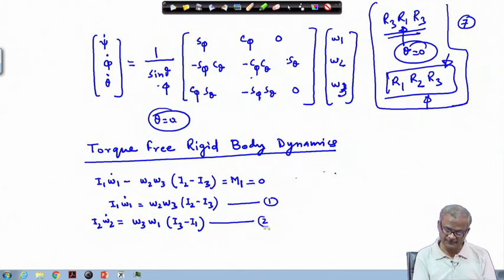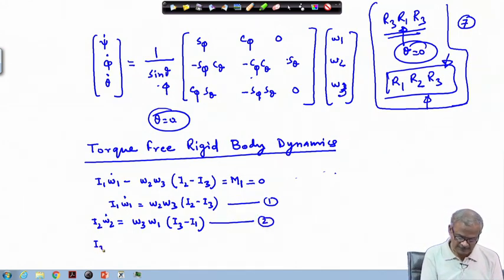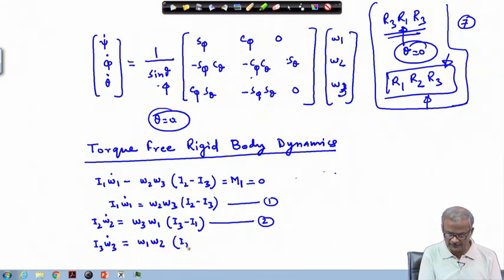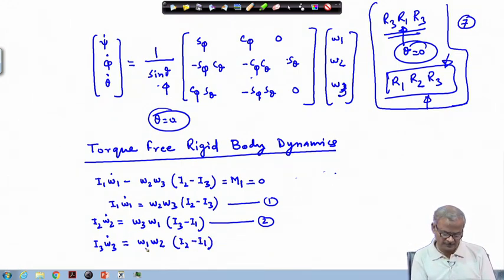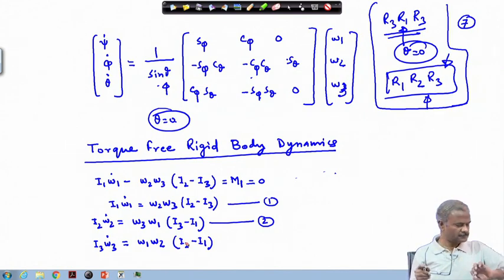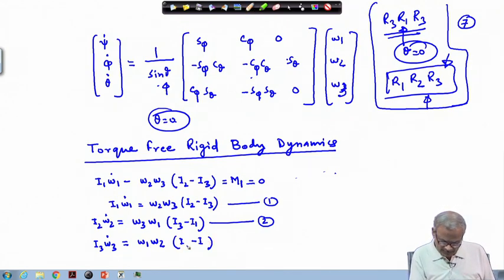So, this is your equation 2, and the last equation, I3 times omega 3 dot, will be omega 1 times omega 2 (I1 minus I2). This is equation number 3.